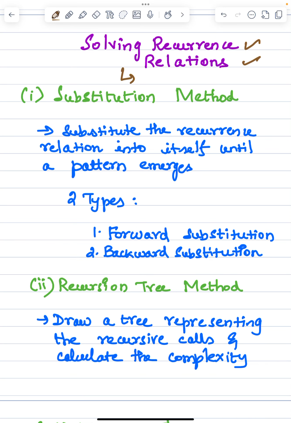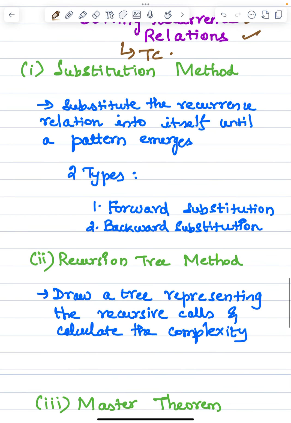Once we solve it, we get the time complexity. The very first method is the substitution method. So what is the substitution method? T of n equals T of n minus 1 plus 1. Then T of n minus 1 equals T of, in the place of n, we substitute n minus 1, so n minus 1 minus 1 plus 1.